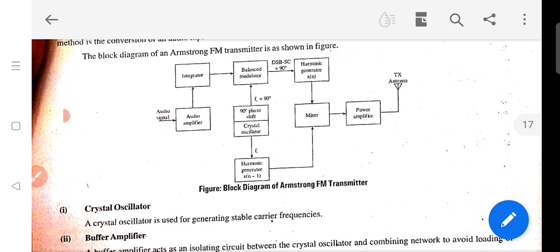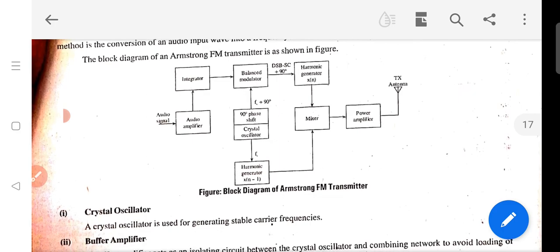So coming to the FM transmitter, Armstrong FM transmitter, indirect FM transmitter, or phase modulated FM transmitter, these are all the same. Coming to the block diagram, we already discussed this; it is the same block diagram, but a power amplifier section is added here.